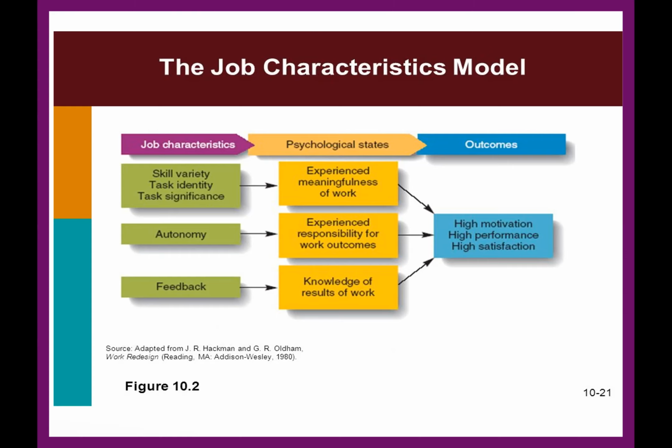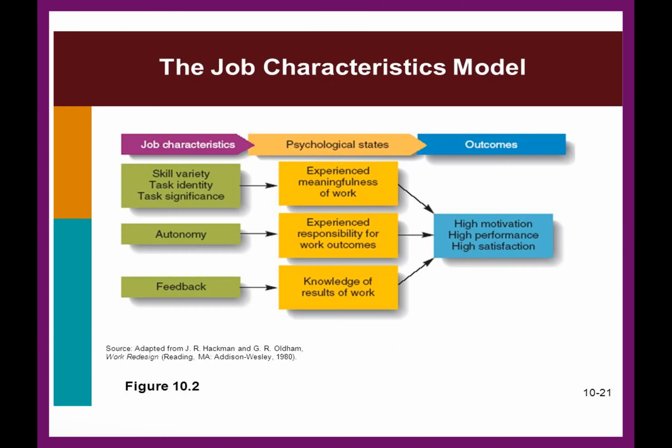If the job itself includes a high level of skill variety, high level of task identity, and high level of task significance, we found that this is highly related to experienced meaningfulness of the job. So the employees will feel that their job is very meaningful.